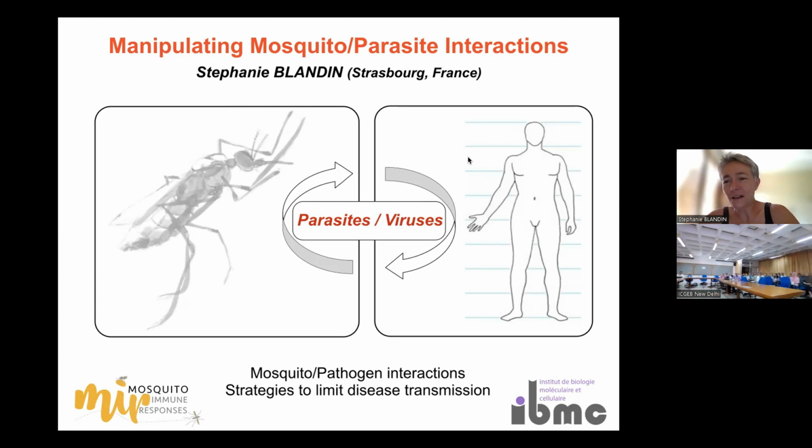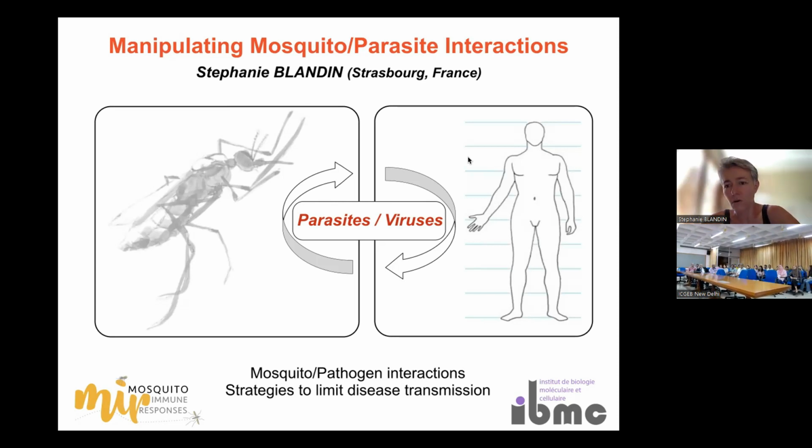So what I will talk about is actually our work, what we are doing in Strasbourg. We are especially interested in studying mosquito and pathogen interactions, whether they are parasites or viruses. What we try to understand is the molecular interactions between these vectors and their pathogens.